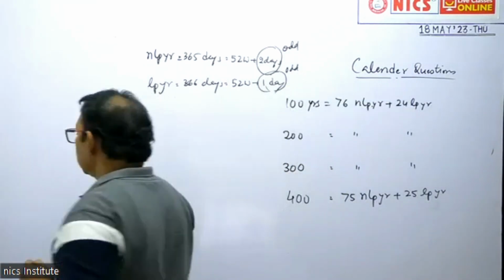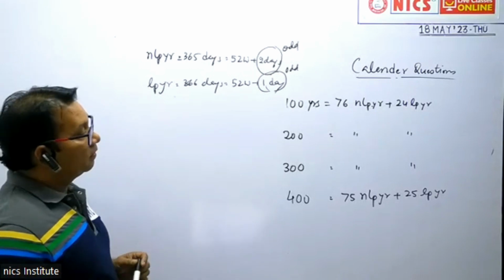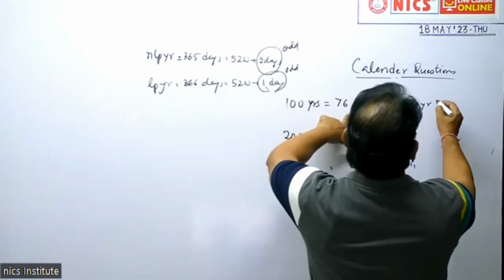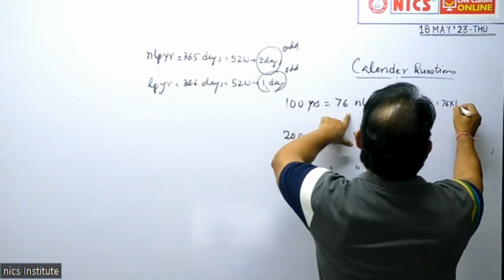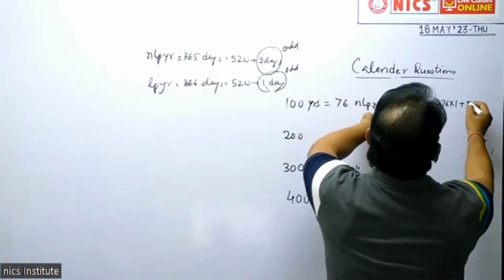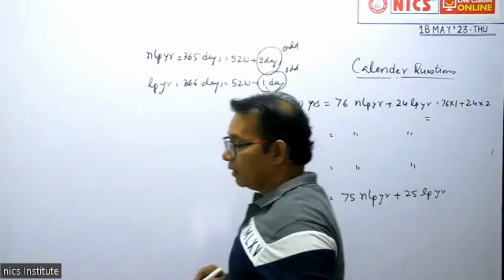That means if I want to count how many odd days are there in the first century, I can figure it out. 76 into 1, because every non-leap year has 1 odd day, and 24 into 2, because in a leap year there are 2 odd days.